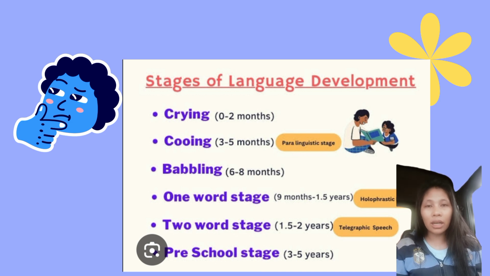In this moment, the baby is just silent. They are characterized by crying, cooing, and babbling. The infants here react to noises and may imitate sounds. For example, a baby cooing in response to parents' voice. We're very familiar with that, right?